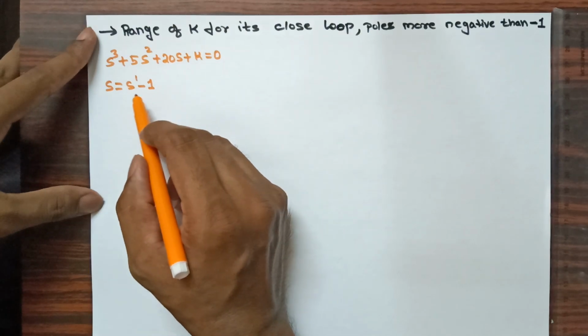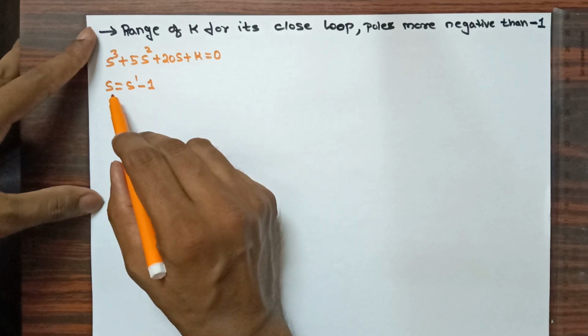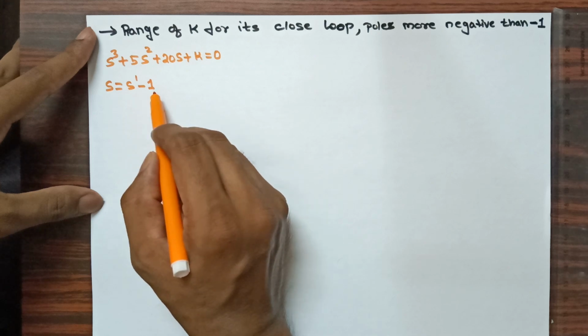Now in the question he has asked to find the range of k for poles more negative than -1. Therefore I am considering here s is equal to s dash minus 1.